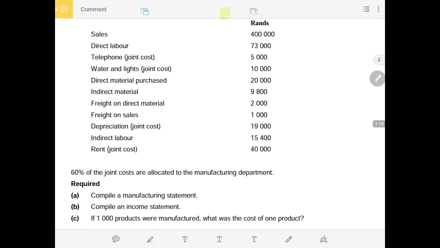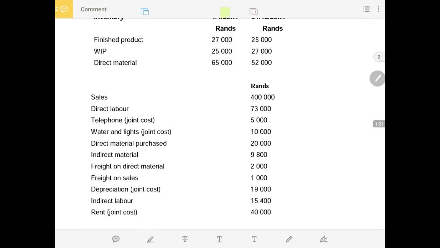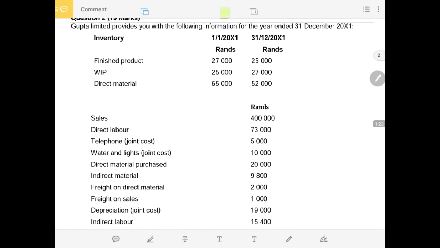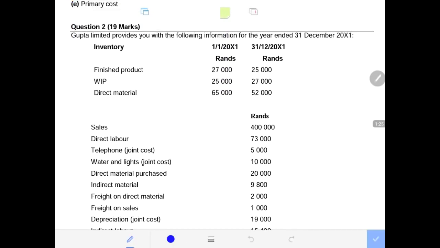So this is what we are required to do, and we are provided with information where it says that Gupta Limited provides you with the following information for the year that ends 31st of December 2001. We are given inventory, and we have three types of inventory. Inventory of raw material, I want to begin with the raw material.